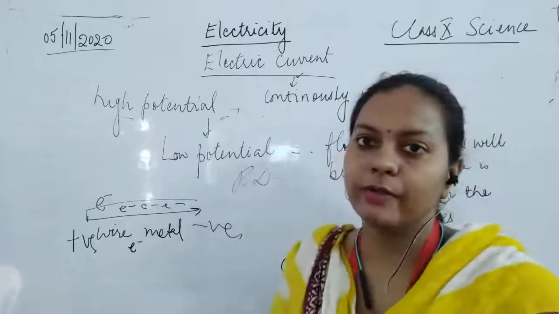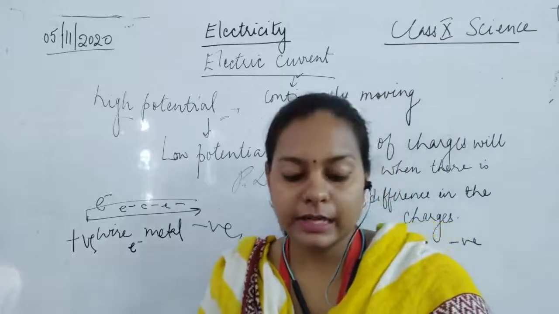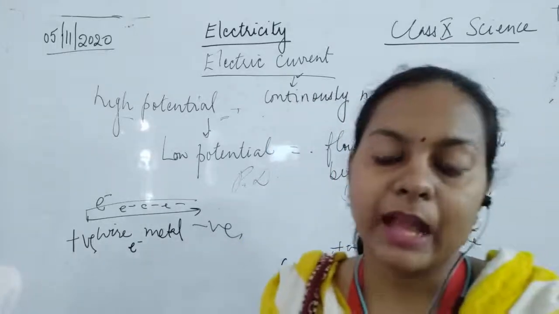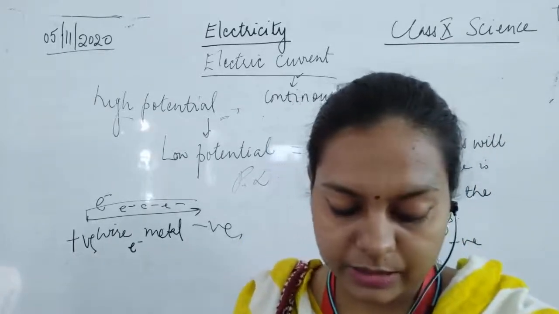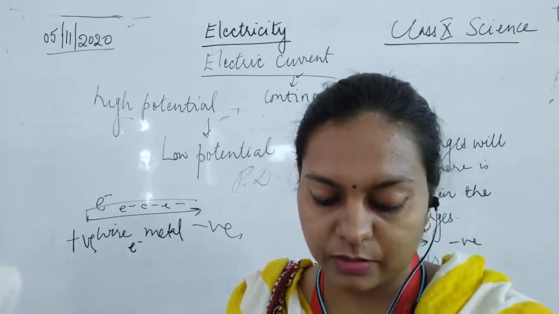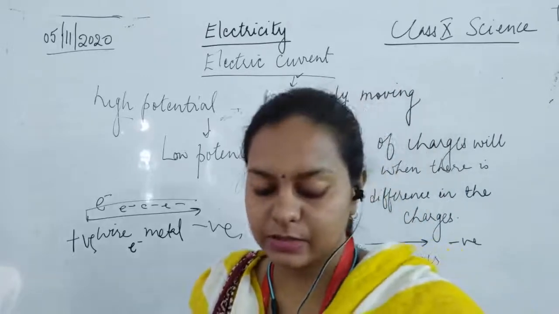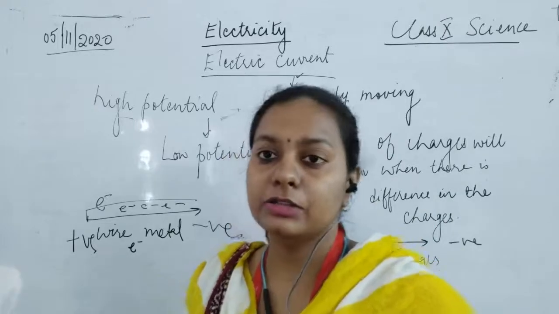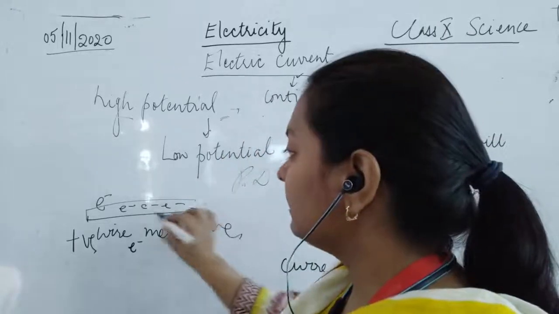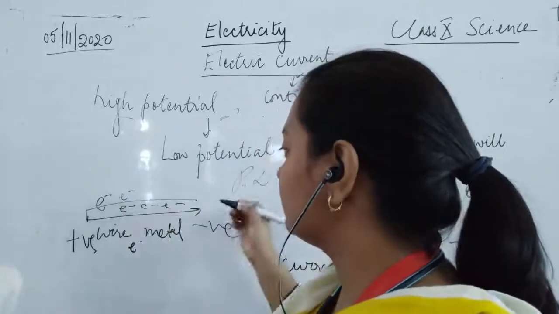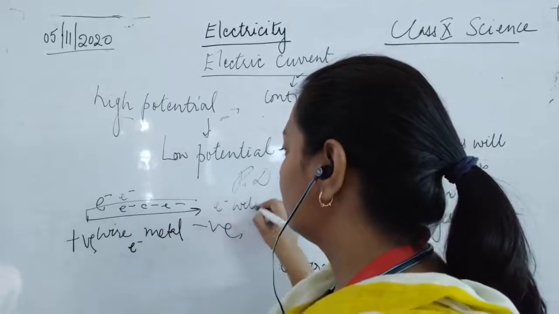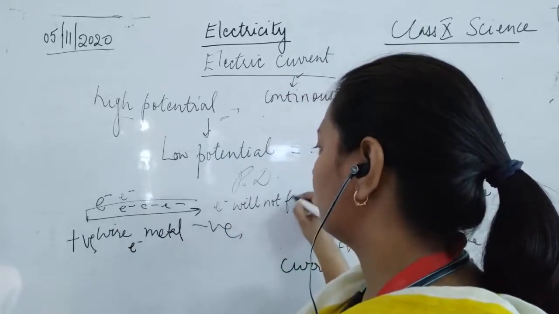If we are not providing potential difference, children, then it is not going to work properly. Till the time we are providing the potential difference, only then it is going to work. If potential difference is not generated properly, it is not going to donate electrons, and these electrons will not flow.